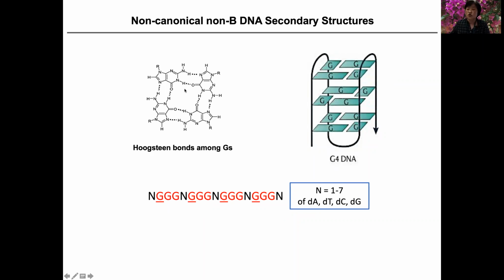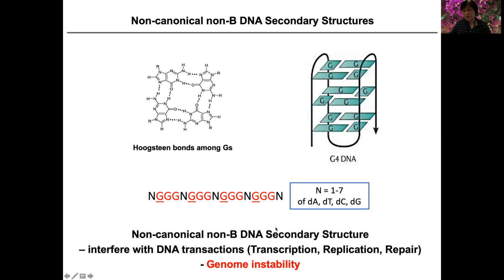And this is called G-tetrad. And when a strand of DNA contains multiple runs of guanines, like the sequence shown here, then multiple of these G-tetrads, each one of these planar forms is a G-tetrad, can form, and these multiple tetrads can stack on top of each other to result in a very stable structure called G4-DNA or G-quadruplex DNA.